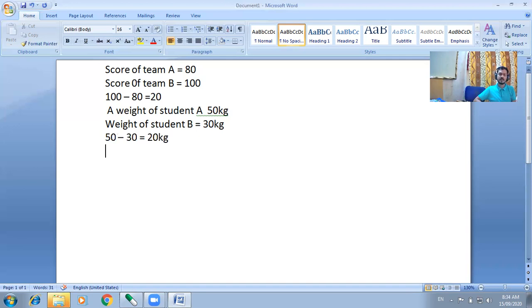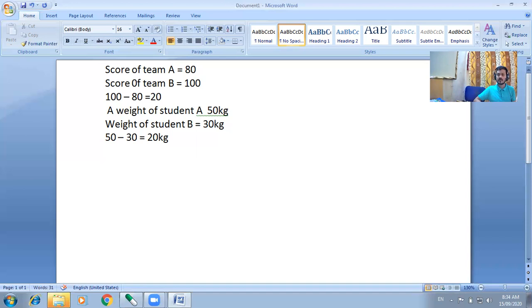So this chapter comprises the comparison of different things. It may be the same magnitude, a different magnitude, or different quantities. It may be liters, weight, percentage in their score, and so on.